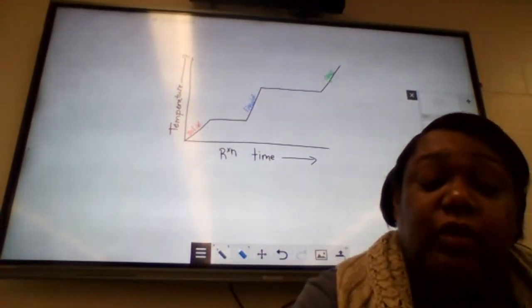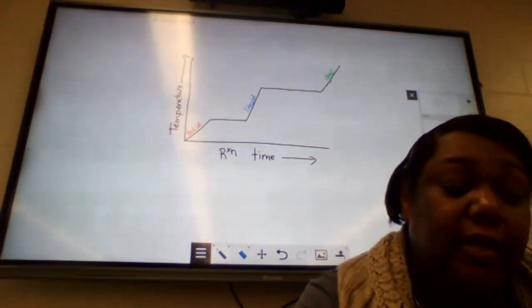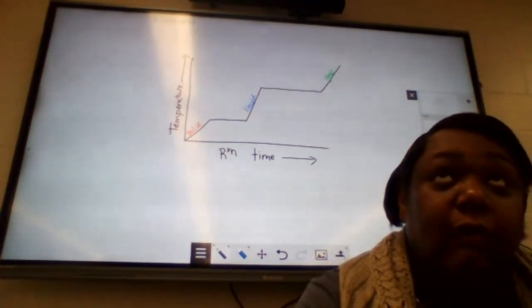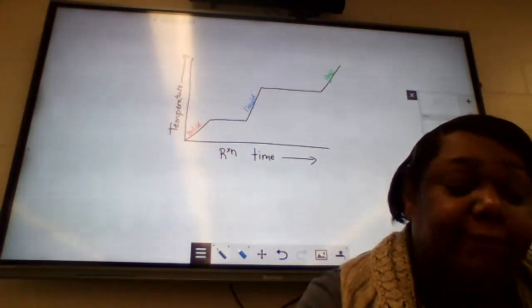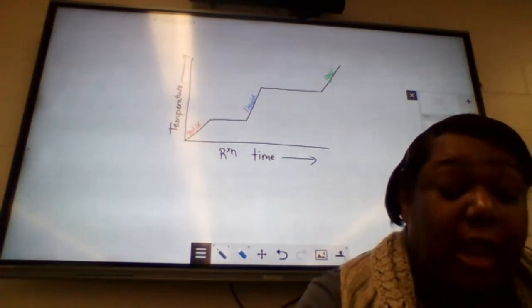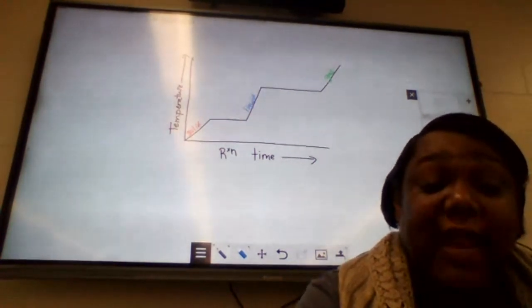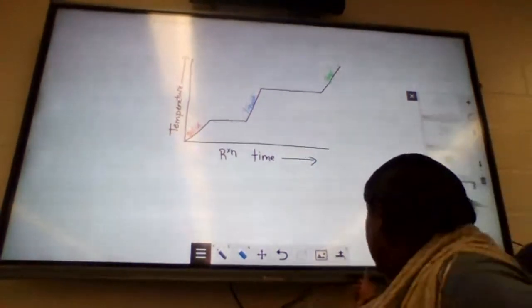You need to be familiar with that term. Now, you also need to know that one chemical calorie is equal to 4.184 joules. That's a conversion that you will need to use. You can use that as a conversion factor.